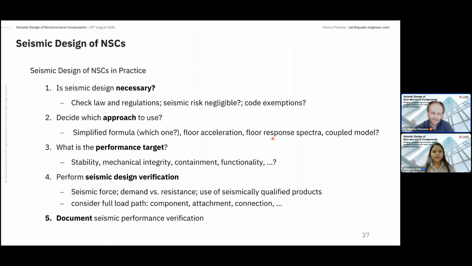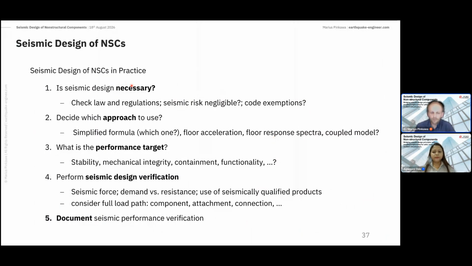And of course, the client said, okay, if it's not necessary, I don't want to do it, and I want to keep the money. For low seismic regions, this is okay, but maybe for very high seismic regions, better go on the safe side. But this is always the first question. I don't need to do seismic design for every small pipe.